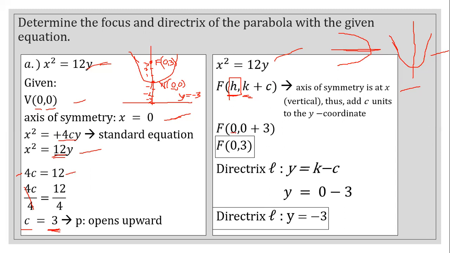So h is 0, k is 0, plus the value of c, which is 3. So our focus is (0, 3).